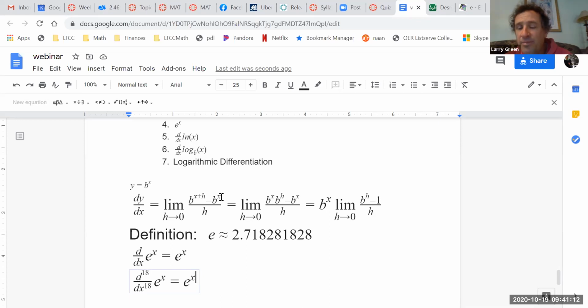Okay, so this isn't just kind of important. This is the most important function there is. When you get into your higher level science classes, e to the x is everywhere. Today is not the applications day, but I just want to mention applications.